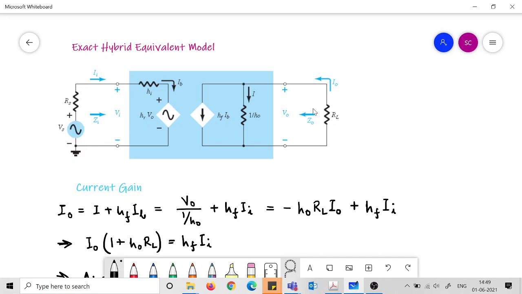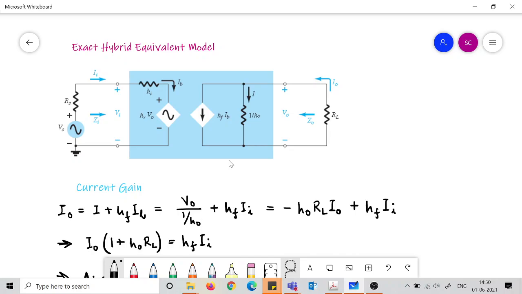With the source and the load, what becomes the current gain, voltage gain, input impedance, output impedance, we already calculated. And inside this, this hybrid equivalent model is a BJT, either connected as a common emitter or a common base with its own various resistances and all.